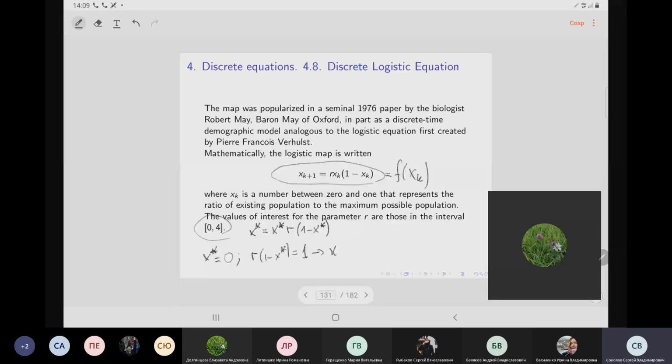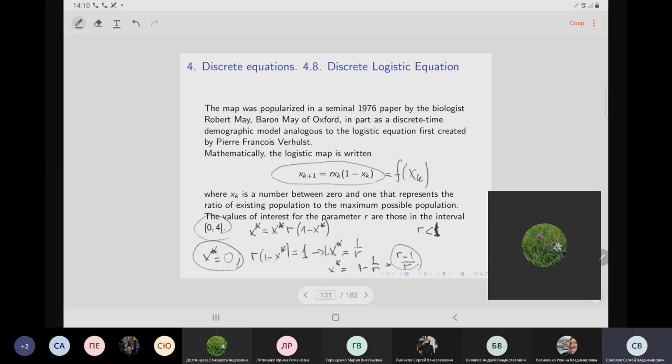So 1 - x is 1 divided by r, and x is 1 - 1/r, or the same, (r - 1)/r. So we have two equilibriums in this situation if r is greater than 1. If r is less than 1, then we have only one trivial equilibrium.